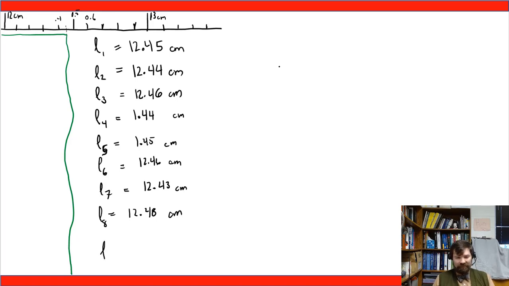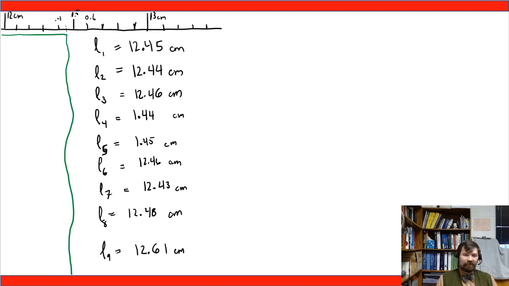Maybe another friend comes along and says, gosh, I measured 12.61 centimeters. So this is a very large outlier. Okay, so now we go back and we question.